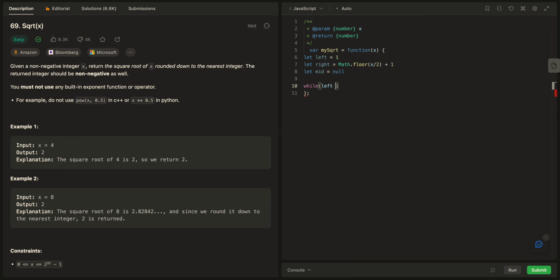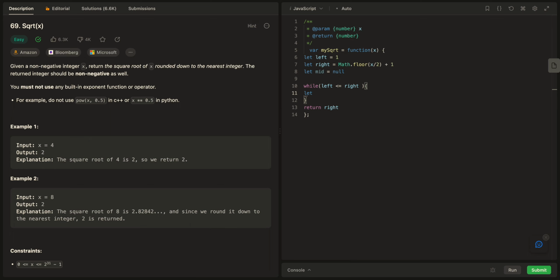I'll say while left is less than or equal to right. If we have a number like 10 or something like that, that means there is no exact square root for it, so basically I'll return right directly.